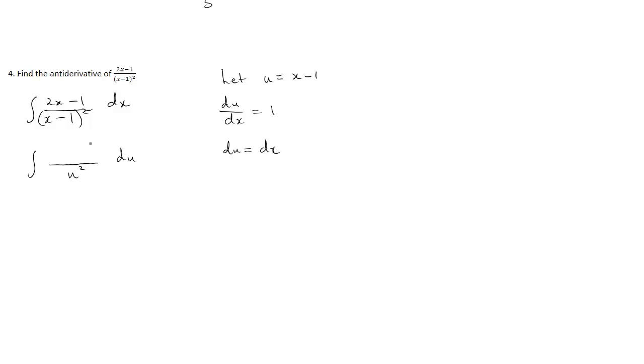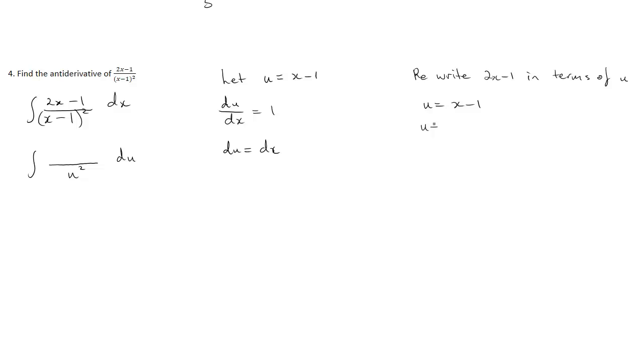So what we need to do is we need to find a way to rewrite 2x minus 1 in terms of u. And so we know that we've got u being equal to x minus 1.